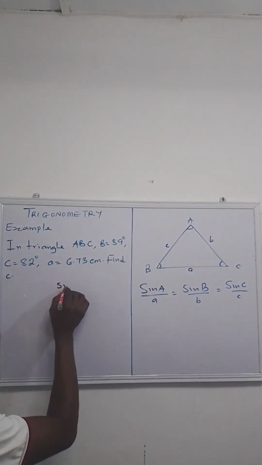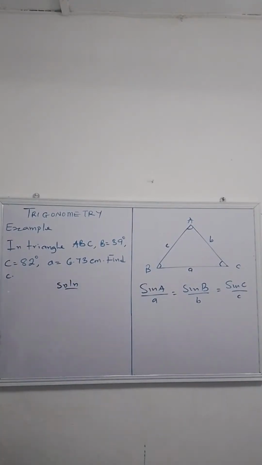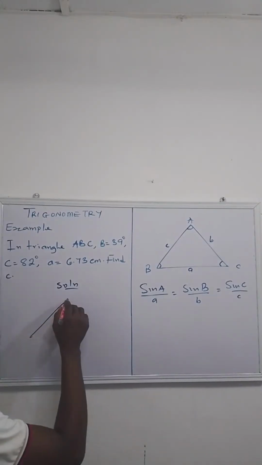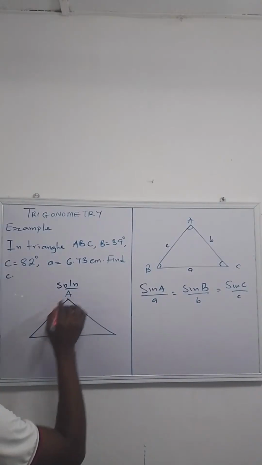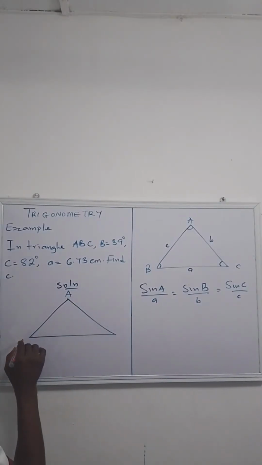In triangle ABC, angle B is 39 degrees, angle C is 82 degrees, and side A is 6.73 centimeters. We have to find side C. Now let's draw the diagram. We have triangle ABC.